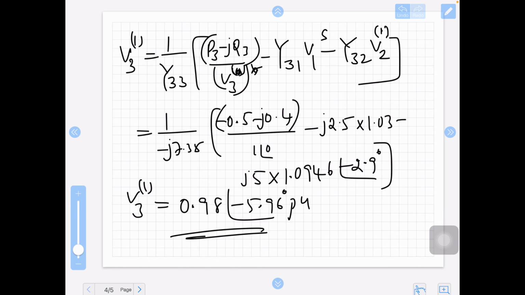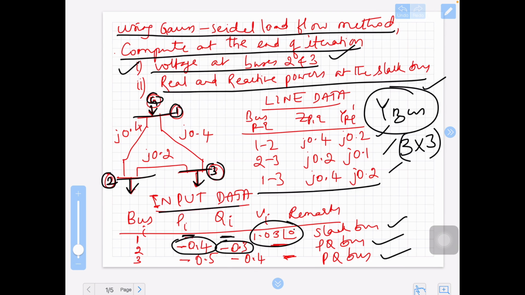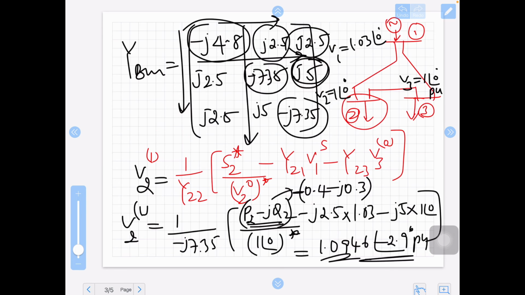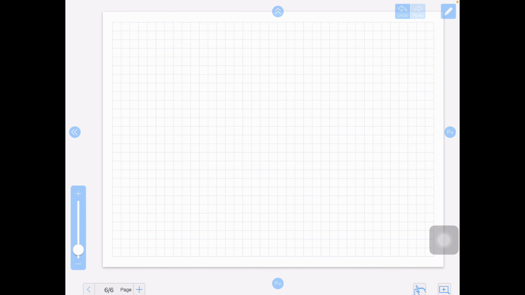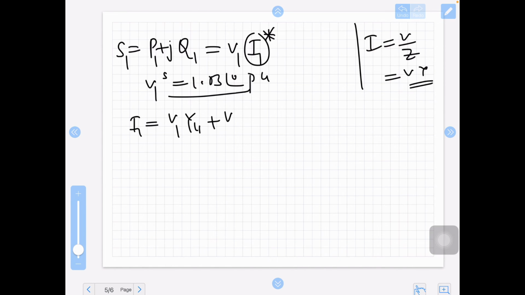if you see this system, the first bus has 2 transmission lines, so we have to consider the current in those 2 lines. So Y12 V2 and Y13 V3.